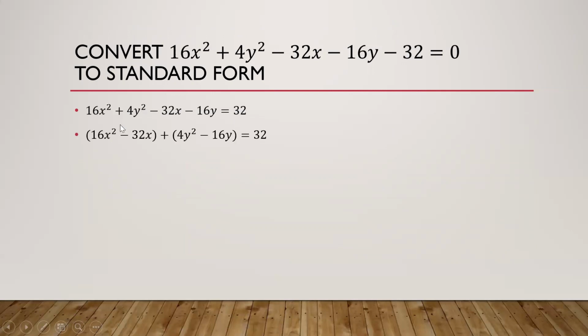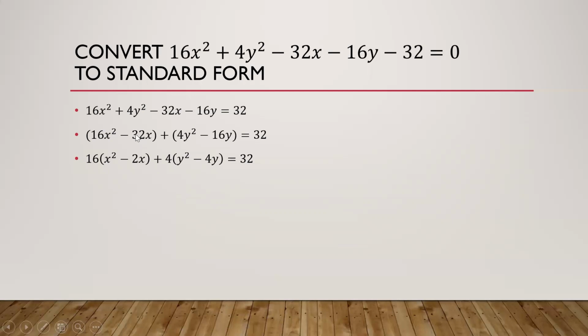Now we group the variables. So we group the x's and the y's. So that becomes 16x squared minus 32x plus 4y squared minus 16y equals 32. Then we will have to factor out whatever number is beside x squared and y squared. So for our x's, we factor out 16. So 16 divided by 16, that's 1.